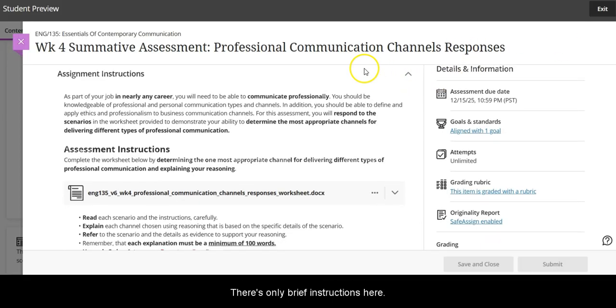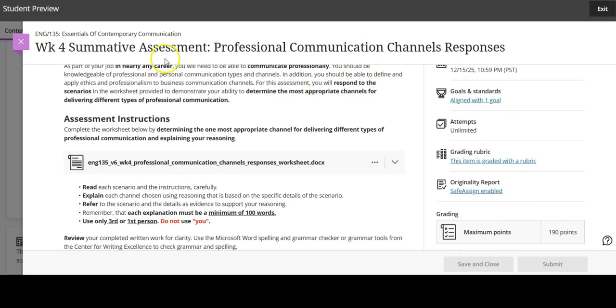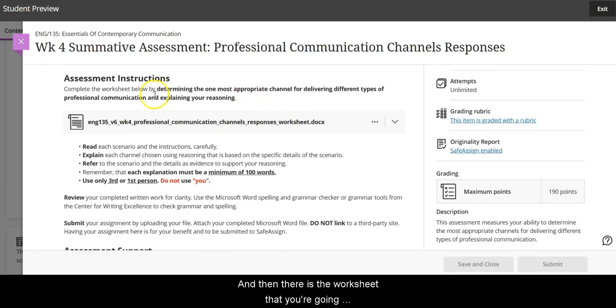There's only brief instructions here, so read through this. And then there is the worksheet that you're going to fill in, and I'm going to go over this with you because this is where most of the information is.